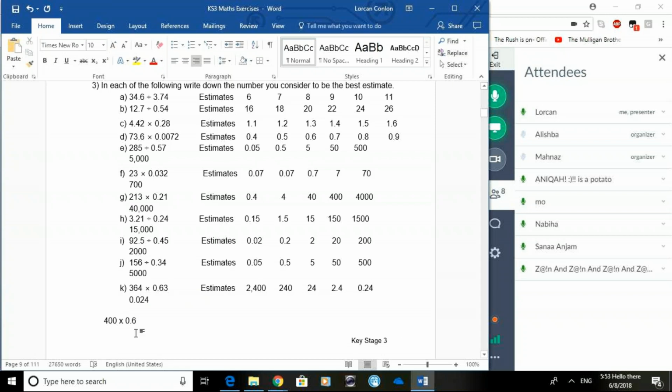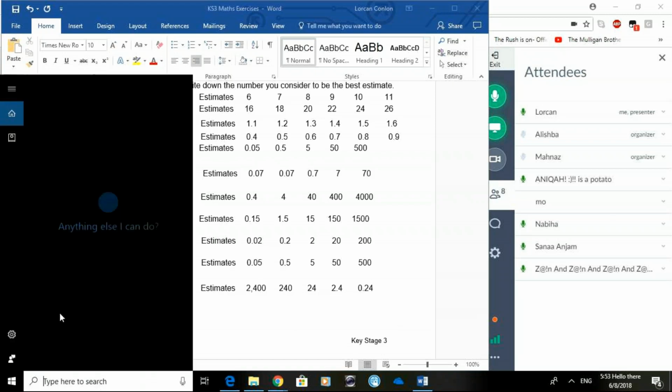So, Mo, do you know how to do that multiplication out on paper? Sort of. Okay, well, give it a go there. So you would write them like one above each other, like 400, and then underneath it multiplied by 0.6. Is that how you would do it? All right, so I'm just gonna get Word up again.